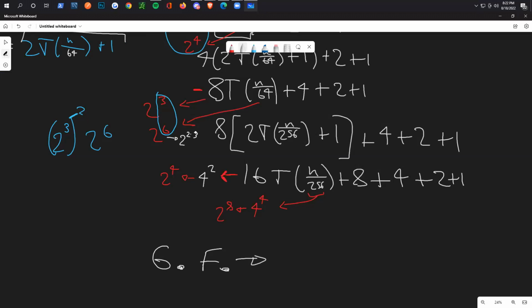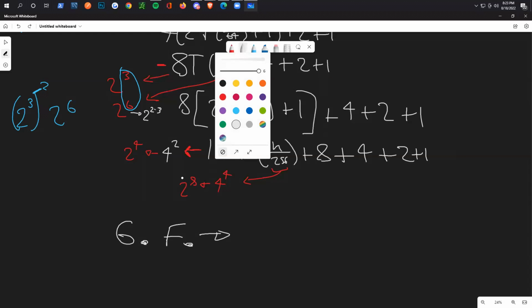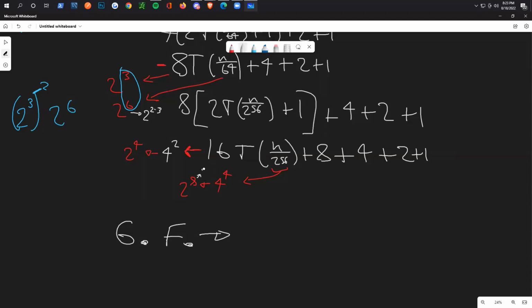And again, you can get that by squaring it, but let's just think of it like this right now. So this term right here is 2 to the 4 times 2. There we go.